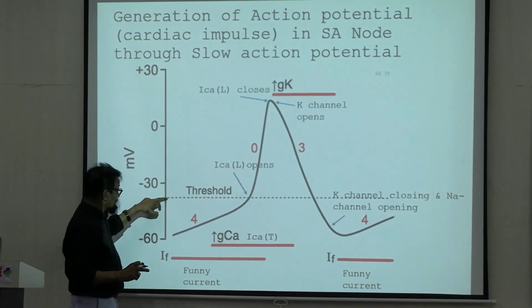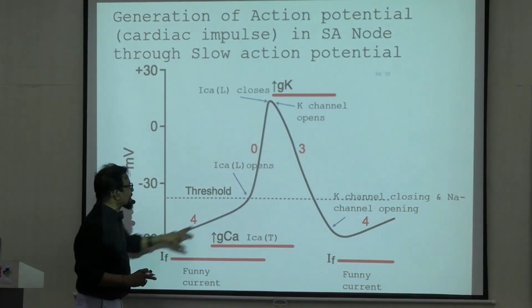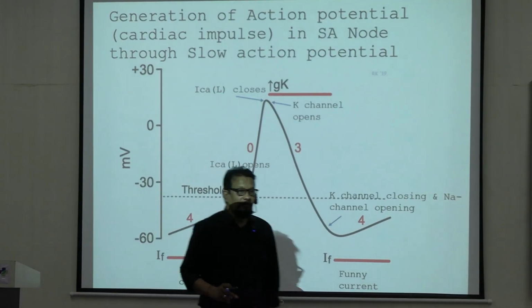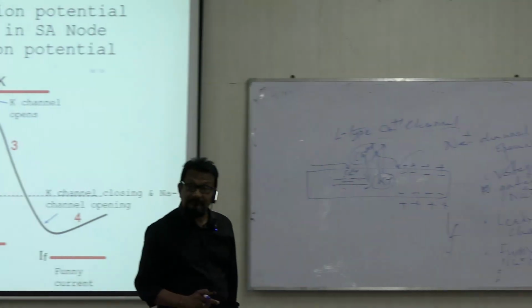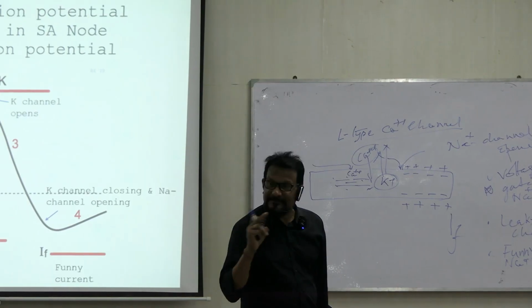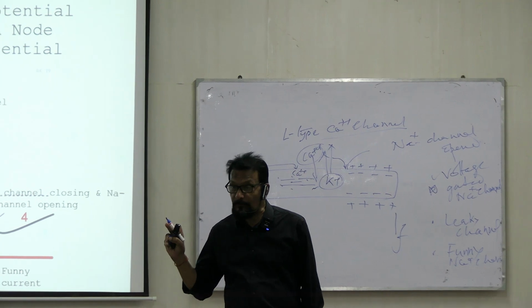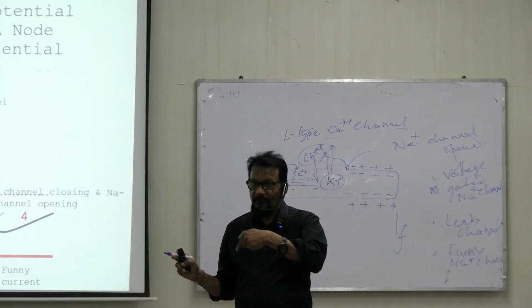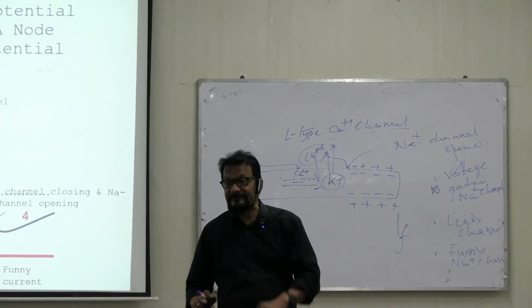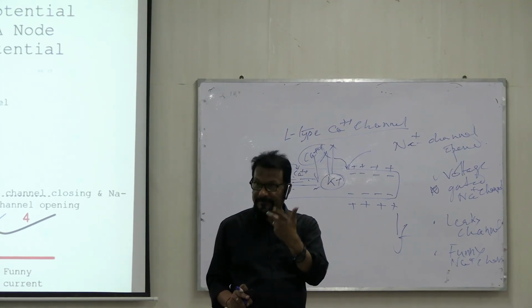So the change of potential from -60 to -40 up to this point. This part of depolarization is called the pacemaker potential, and it is unique for SA nodal cells. Why has this potential change been made? Funny current and calcium entry by the transient T-type calcium channel.